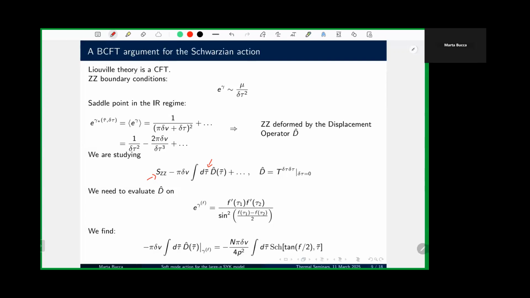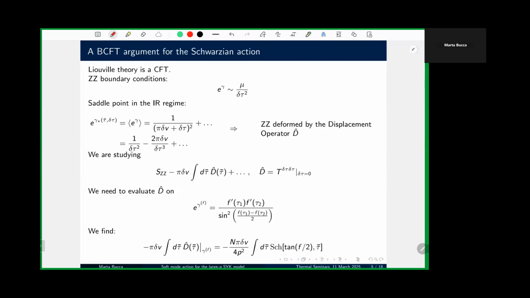And as I mentioned, the displacement operator is a scalar operator in the OPE for the stress energy tensor. So you can read an expression for D off of the OPE of the stress energy tensor. And it turns out that D is simply the delta tau component of your stress energy tensor on the boundary.